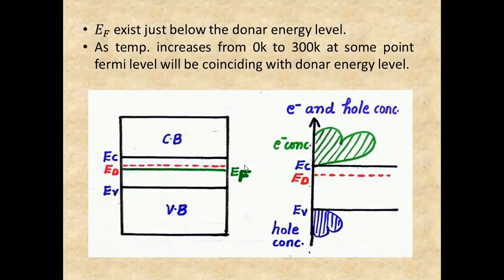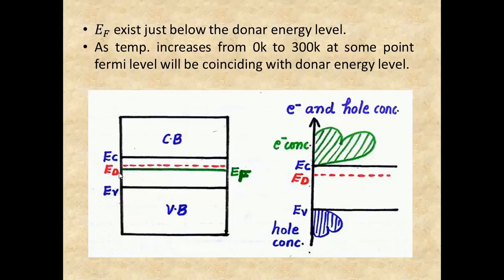In n-type semiconductor, when temperature is 300 Kelvin, your Fermi energy exists just below the donor energy level. See the first figure. The green is just below the donor energy level. Fine.